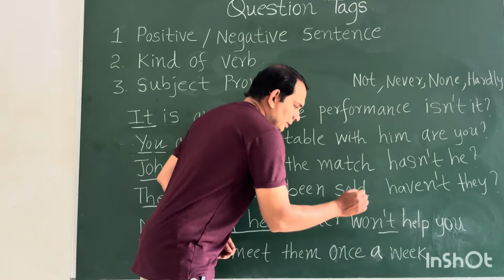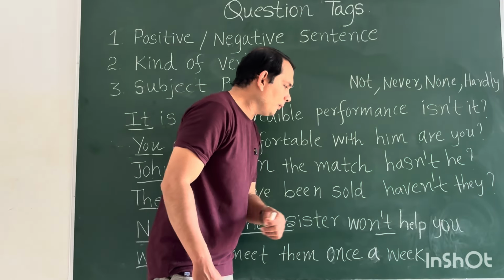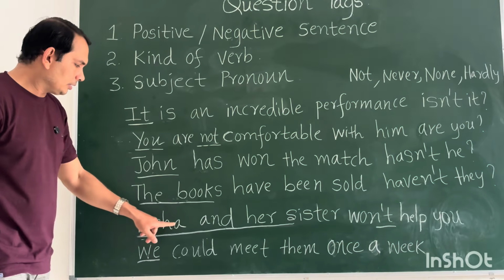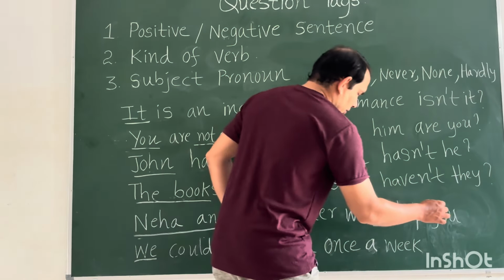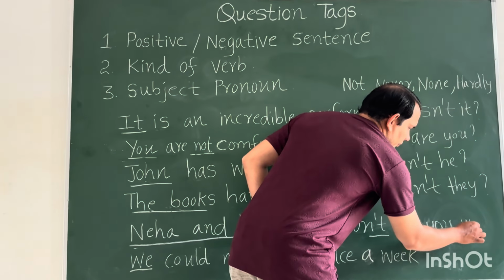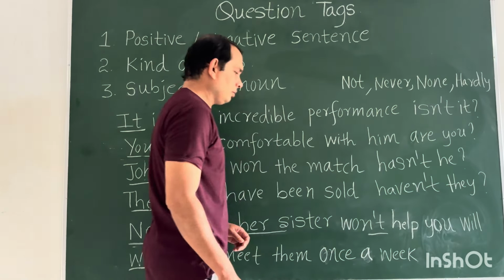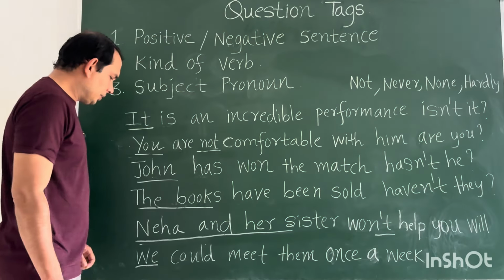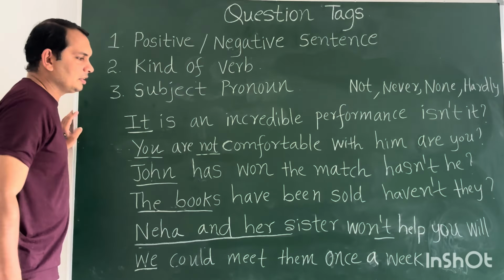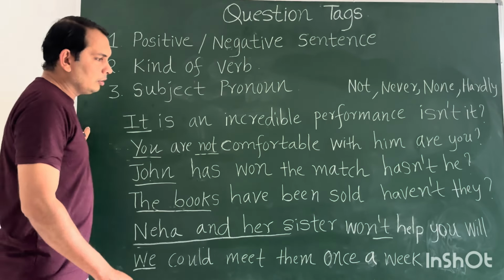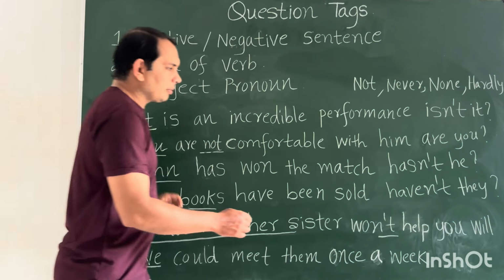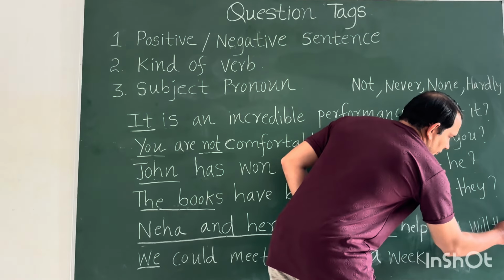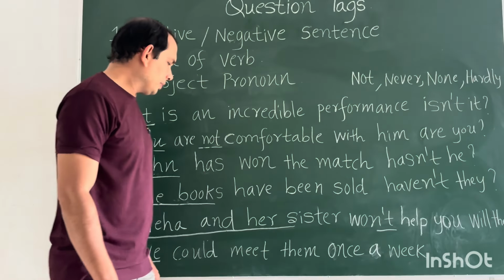Please note, in this sentence, the modal auxiliary will is used. Won't help you. It's in the negative. Since this is a negative sentence, we have to write will. So we don't add not here. Will. What is the subject here? Neha and her sister. There are two people. For two people, we use the pronoun they. Will they is the question tag.